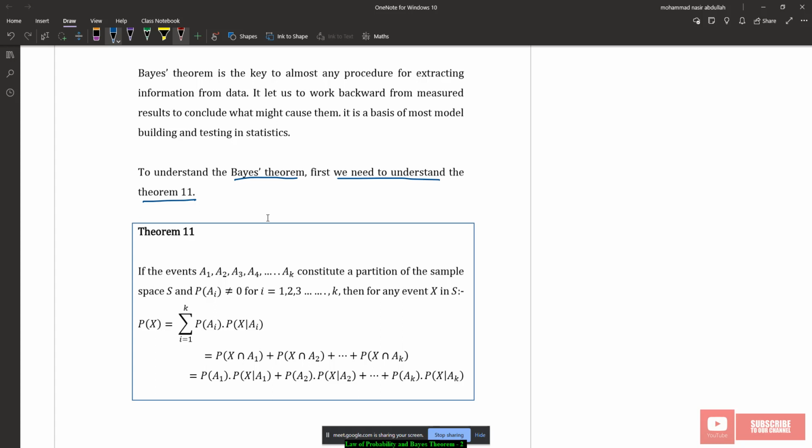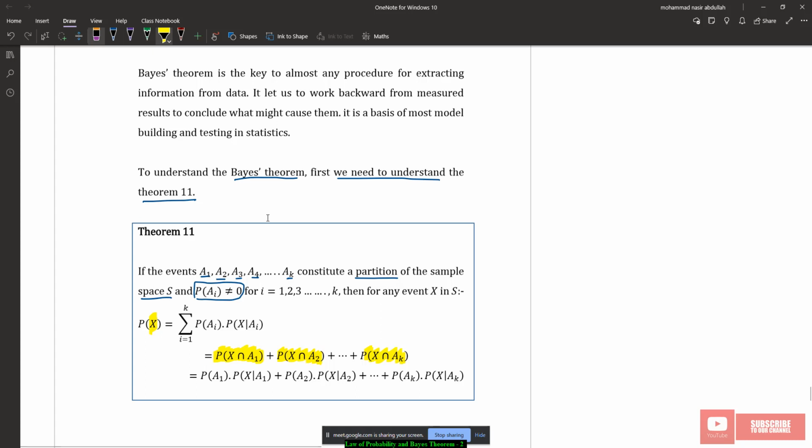Theorem number 11 says that if events A1, A2, A3 until AK constitute a partition of the sample space S, and the probability of Ai is not equal to 0, then for any event X in S, if you want to find the probability of X, we need to sum all the intersections with X.